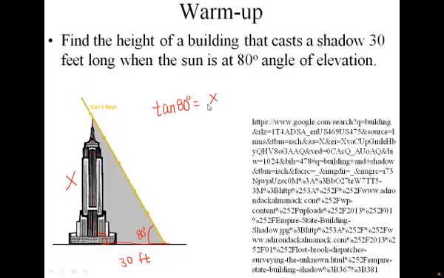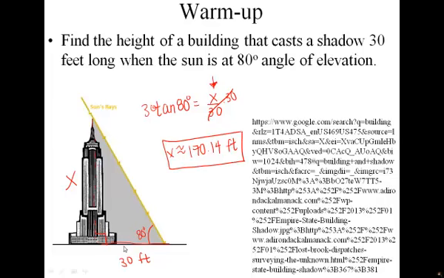So I get x over 30. And now to solve for this x, which is the height of the building, we would just undo what's being done to it, multiply both sides by 30, and what you would get is x is approximately 170.14 feet. So there we have it.